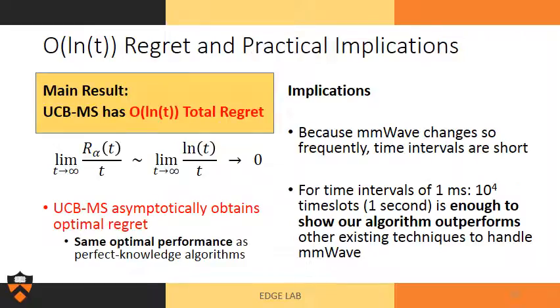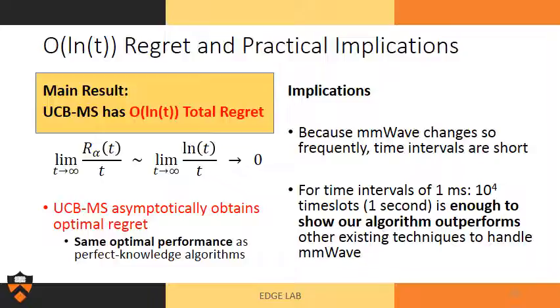The advantage of this is that our main result is we can prove that this algorithm combined has big O ln T total regret. So asymptotically, over time, we can show that the total regret goes to 0. And this has the same optimal performance as perfect knowledge algorithms. Remember, we're comparing against an offline optimal algorithm with a priori knowledge.